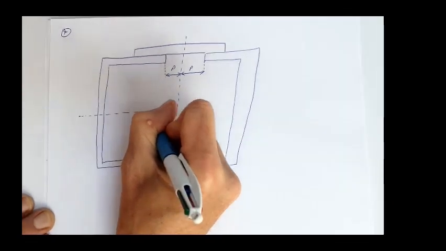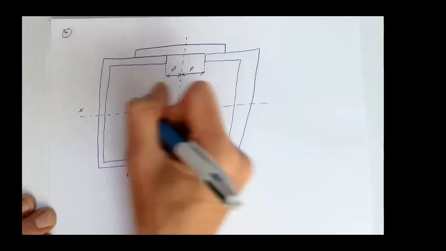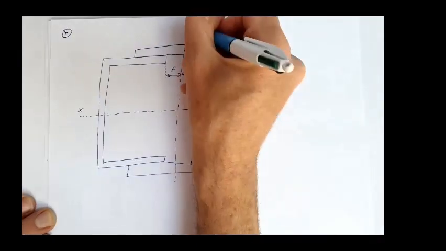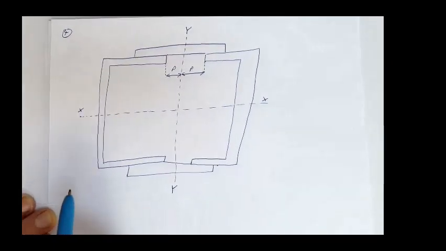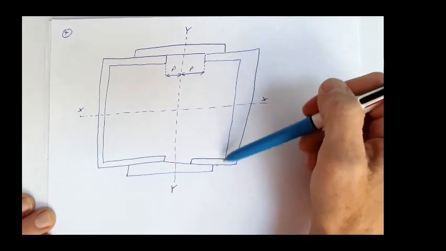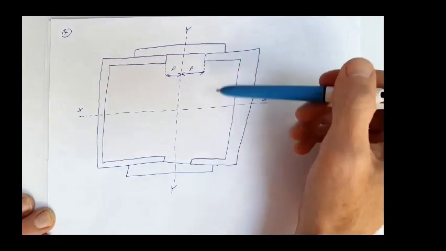Let's call this XX, and YY runs down the center there. So we need to calculate IXX for the entire shape, the 2 channels and the 2 plates, adding all those together.